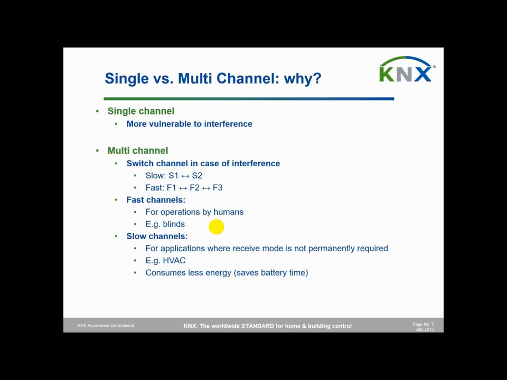If however the application type is a slow type, where no human actions are involved, like a typical example would be HVAC, which is a slow application, then the slow channels are more than enough. Because slow means that the device will consume less energy, and this will save battery time, because most of the RF devices will be equipped with a battery.